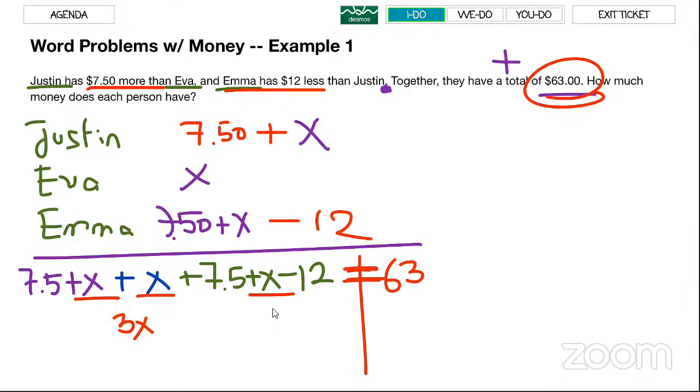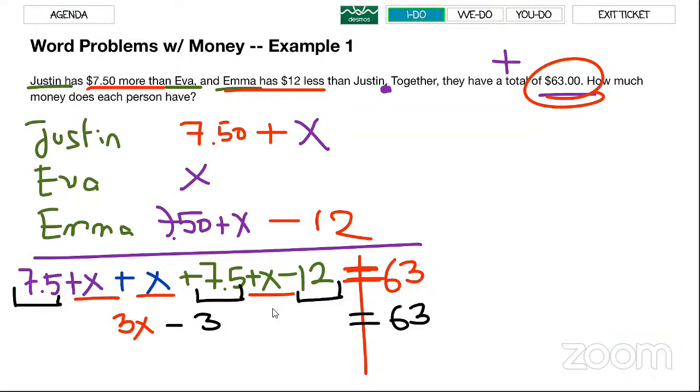And number two, take a look at what numbers you have. You have 7.5 plus 7.5 and subtracting 12. 7.5 plus 7.5 becomes 15, and subtracting 12 becomes 3. So your equation will become 3x minus 3 equals 63.